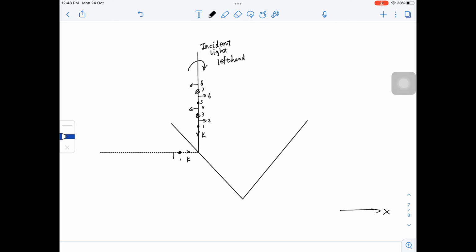This is 2. Because it's a mirror reflection, this one become this. And the third one, same. Fourth one will be this. 5, 6, 7, 8. Okay, when this beam propagate in this direction, what polarization we get?